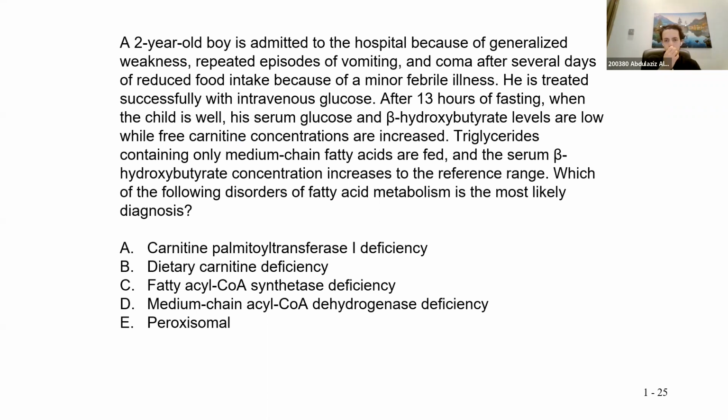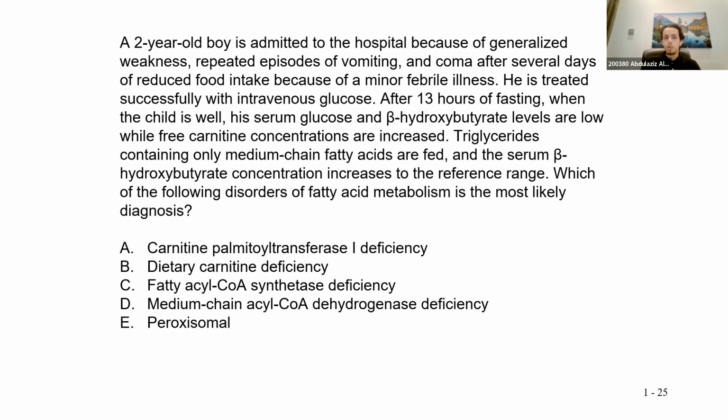Okay, I like the variety in questions or answers. So we'll take this step by step because it's a very confusing question. First of all, the child comes in after fasting. He reports his symptoms of weakness, vomiting, coma after fasting because of a minor febrile illness.